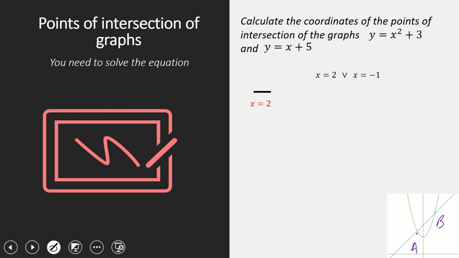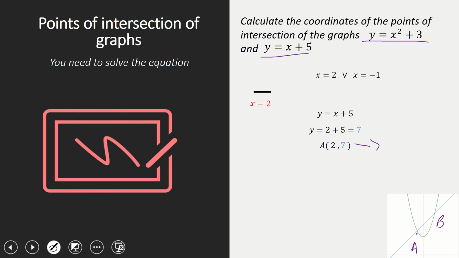So I need to fill it in into this formula or into that one. It doesn't really matter because your answer is going to be the same. So y equals x plus 5. If I fill in x equals 2, I will get y equals 2 plus 5 equals 7. So I will get 2.7.